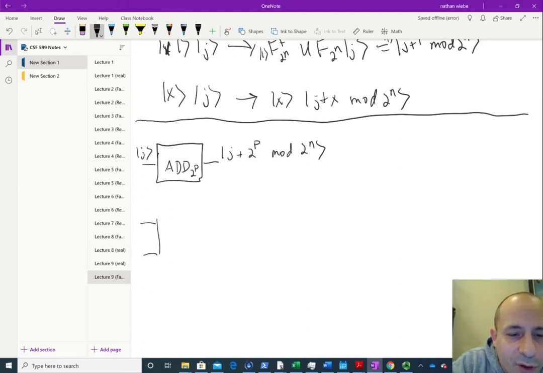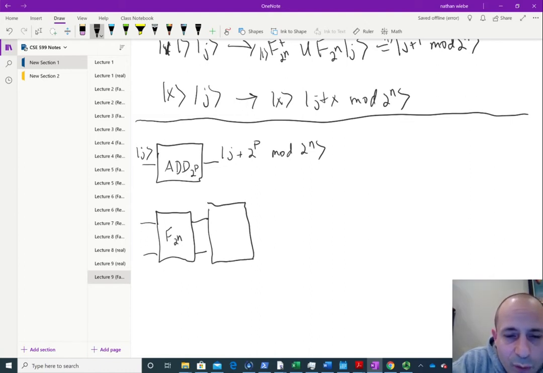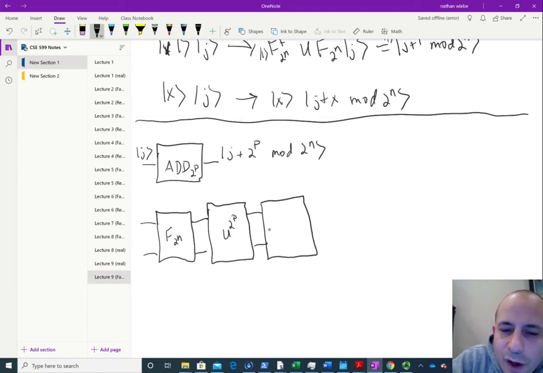So what we would like to do is implement this through the following. We would like to do something like F 2 to the n over here. Now we put this through a U 2 to the p, and then follow it up with an F 2 to the n dagger.